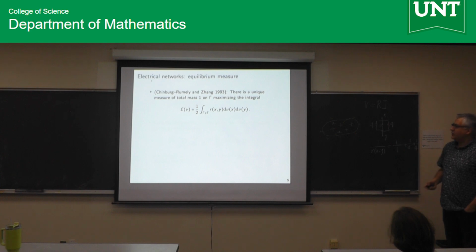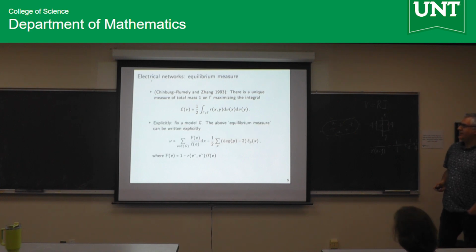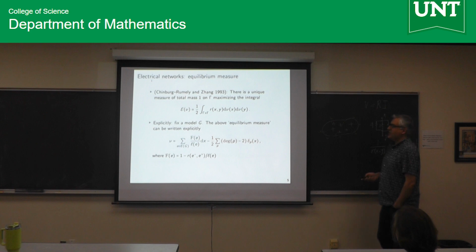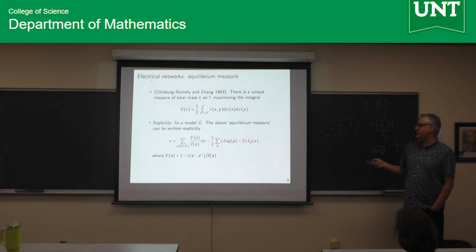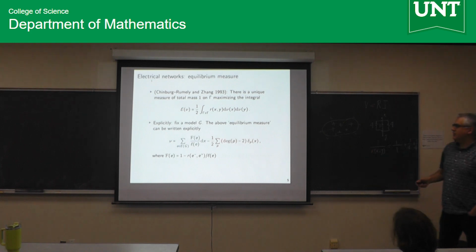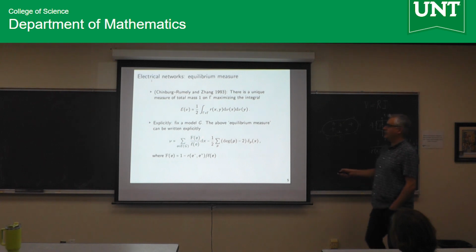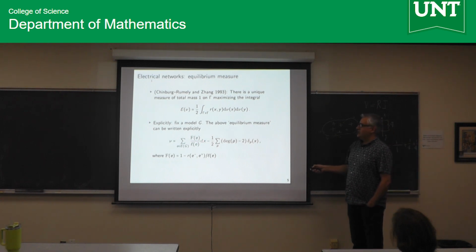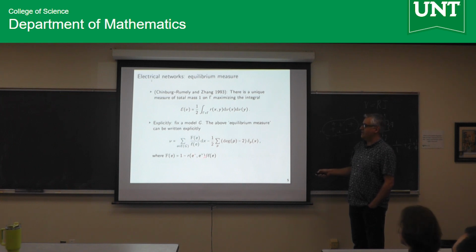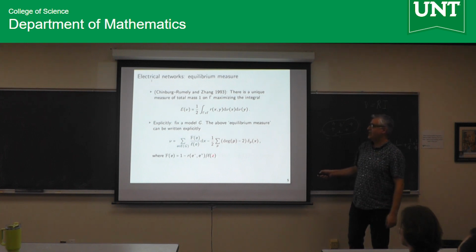But anyway, some number theorists for some reason were doing these things, and in fact, they also computed what this measure is. I'm not going to use this computation, I just wanted to make it clear that there is a continuous part for this measure, and there is some discrete part for this measure, and these are interesting and important, but maybe it's just an excuse for me to tell you the continuous part has some quantity on edges, which is 1 minus the effective resistance across that edge, I have already said what effective resistance is, divided by the length of that edge.